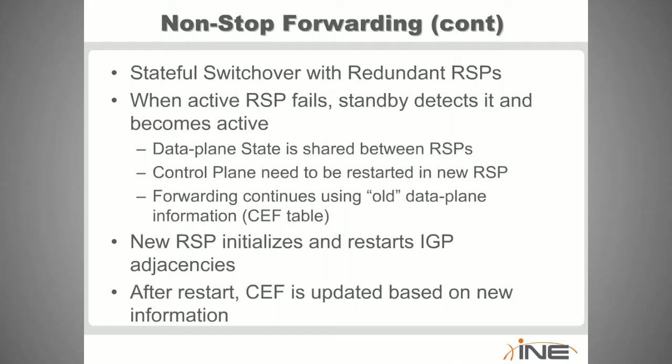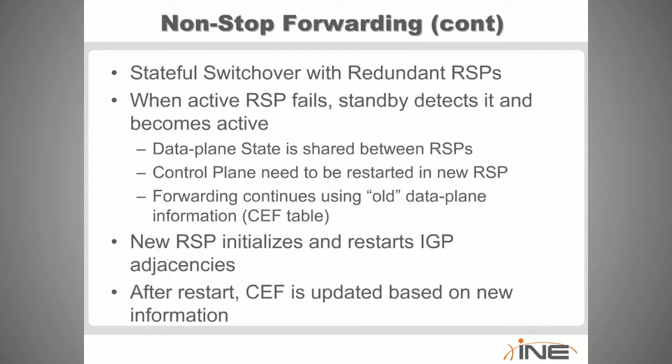In the meantime, the control plane will restart on the new routing engine, so the new supervisor or RSP, and tell the routing adjacent neighbors, so the BGP peers or the OSPF neighbors or the EIGRP neighbors, tell them, do not declare me down. I am going through what is known as a graceful restart for nonstop forwarding.